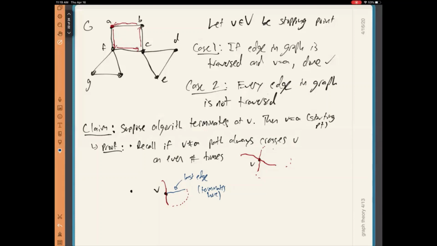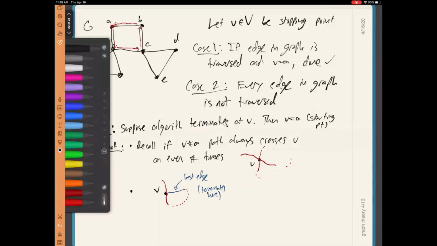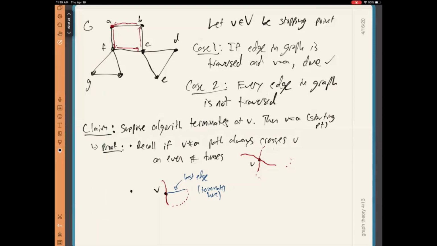Right. So this means that every other edge leaving V has already been traveled. And so the only way this can happen is, remember, look at this picture.